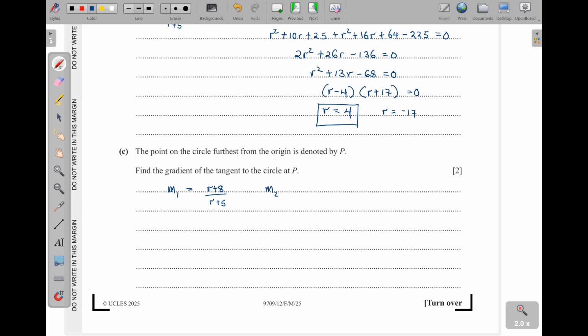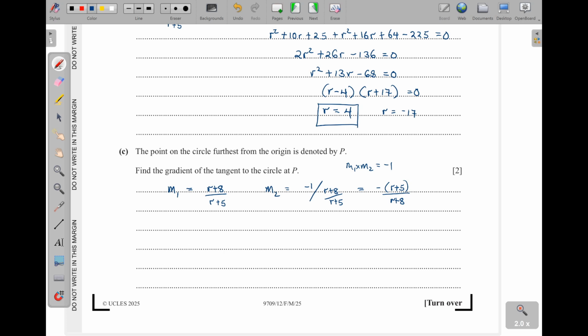For perpendicular lines, M1 times M2 equals negative 1. So M2 is negative 1 over (r plus 8) over (r plus 5), which can somersault, and we have negative (r plus 5) divided by (r plus 8).